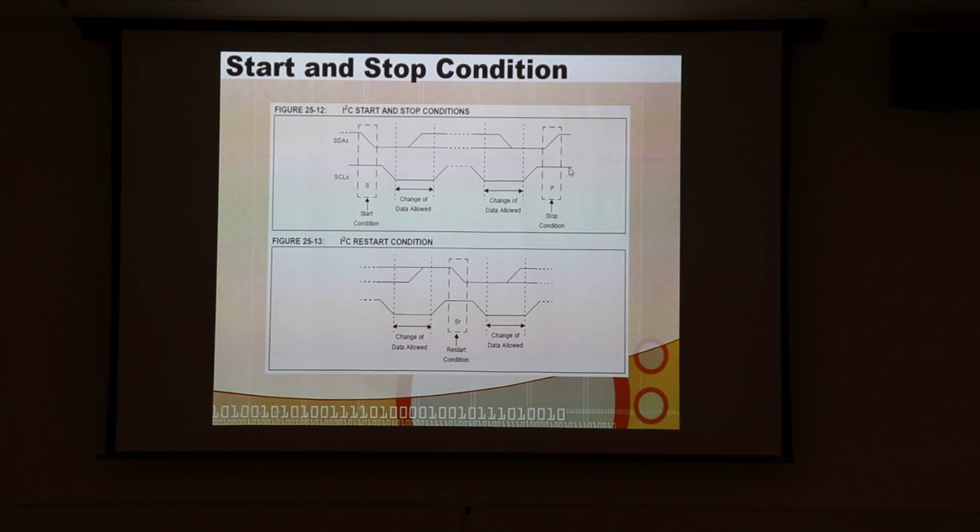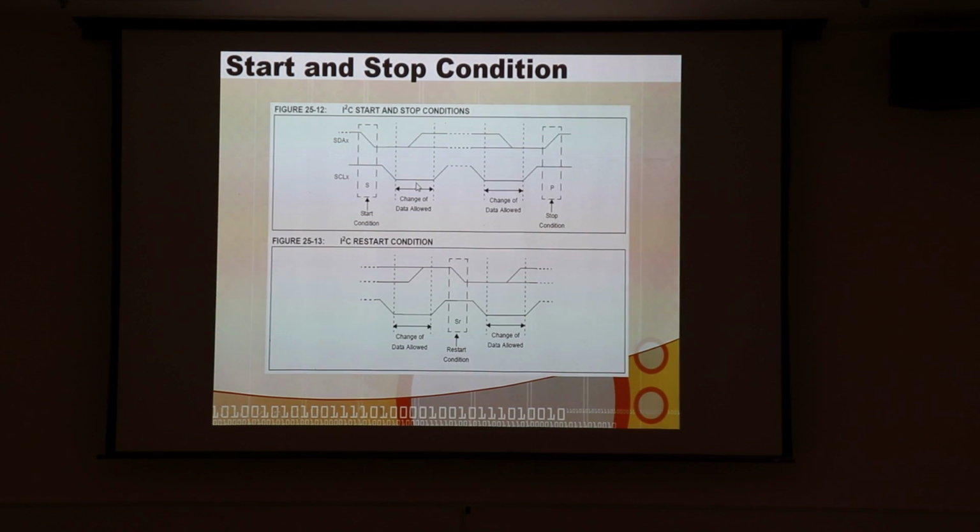The clock is high and we let the data line go high. So what happens is the data line's pulled low already, and then we let it go high during the period of time when the clock is high. Normally we only do that when the clock is low. And again, because the low condition is the active condition, that's why we normally only change the data line when the clock is low.